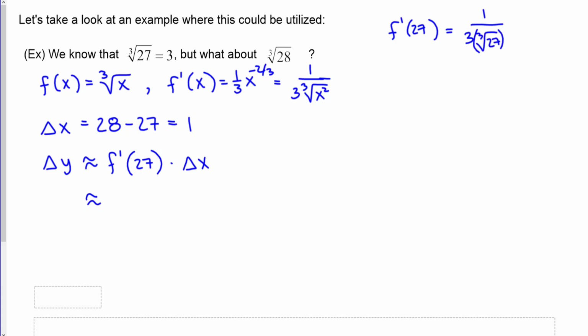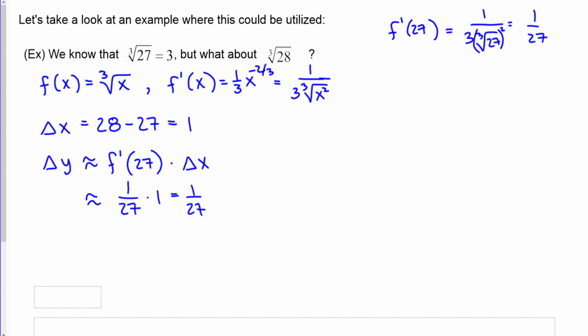That's going to be a little easier because it makes the number smaller. The cube root of 27 is 3. 3 squared is 9. 9 times 3 is 27. So this is 1/27 times delta x, which is 1. So that means the change in y is approximately 1/27.